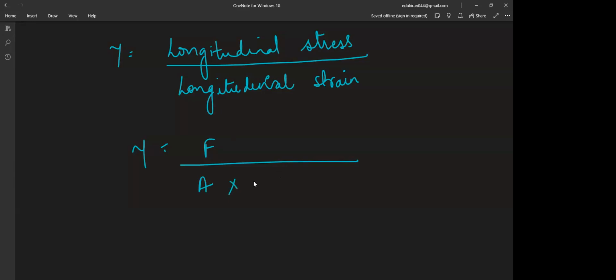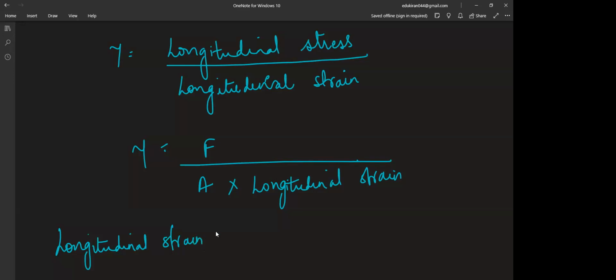So longitudinal strain will be force upon area times Young's modulus, and area is pi r square.